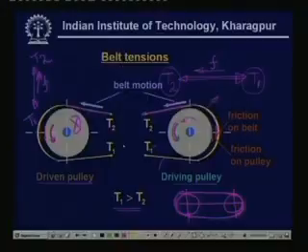The driven pulley means the belt is in motion and it creates a motion onto the pulley. So, from these ideas you can find out what the belt tensions should be on the belt drive system. So, one will be the tight side and another will be the slack side.